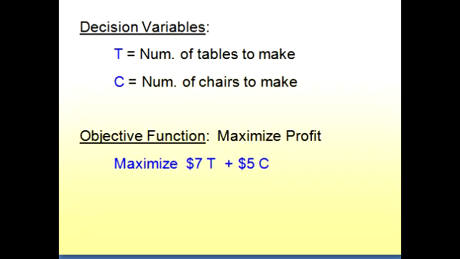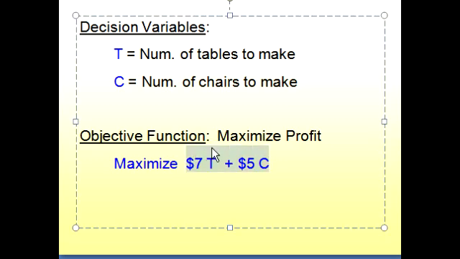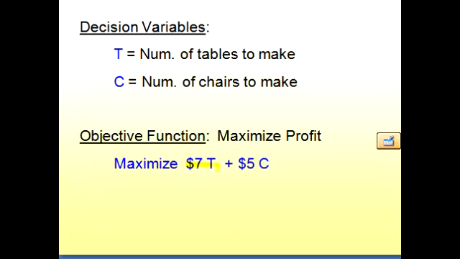All linear equations. Okay. Remember, the three parts are decision variables, objective functions, and constraints. The decision variables for this particular product mix problem are the number of tables to make and the number of chairs to make. The objective function is written as a linear equation here, 7t plus 5c.